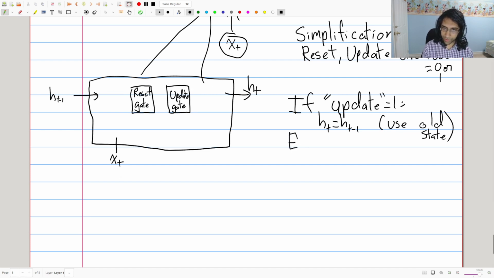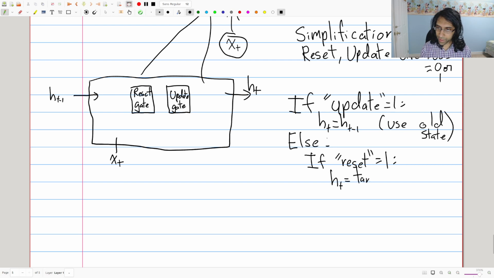Now what we do in the other case, if update is 0, is we look at the reset gate. So what do we do if reset equals 1? Then we let h_t be equal to, say, tanh of U x_t plus W h_{t-1} plus b.